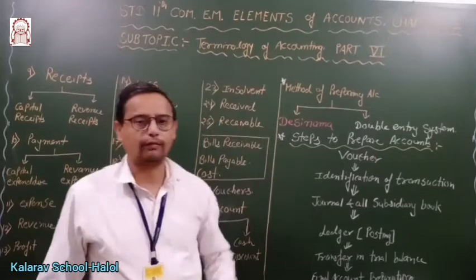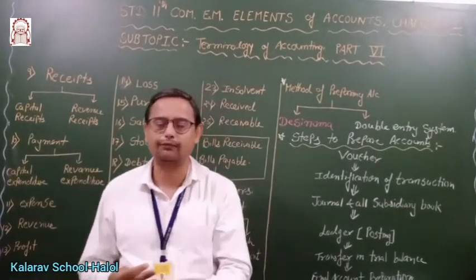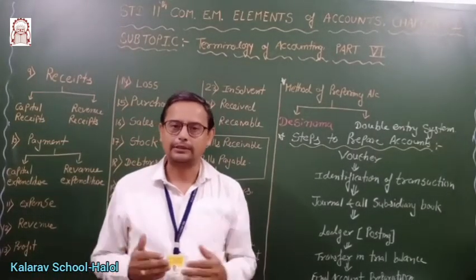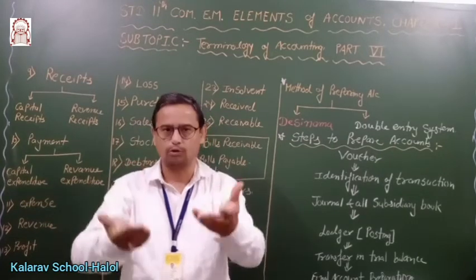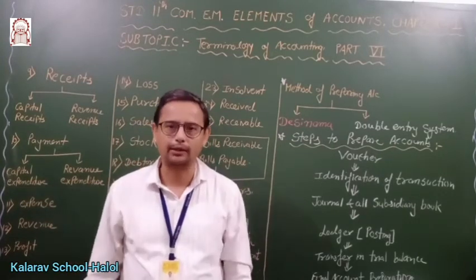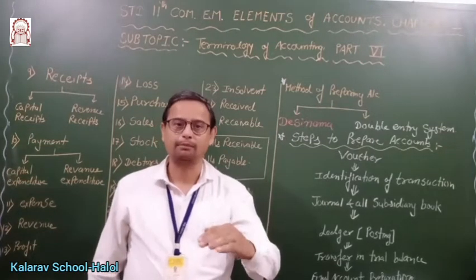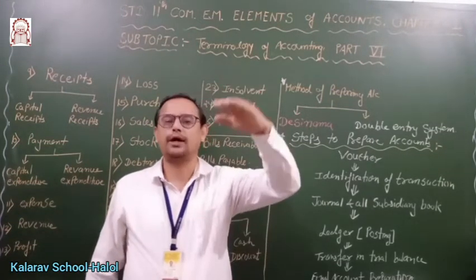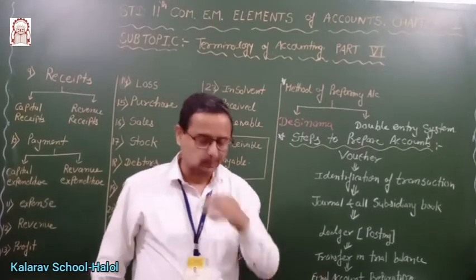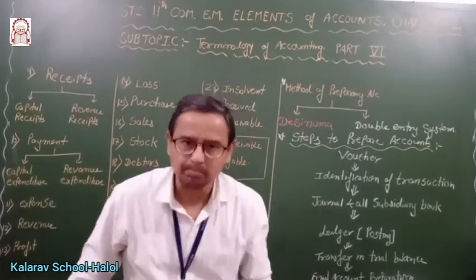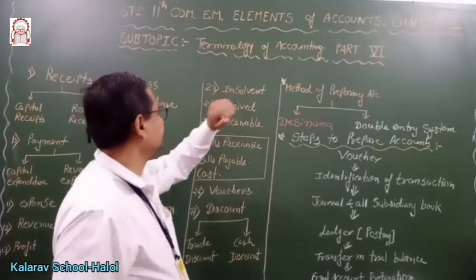Next is insolvent. Insolvent is exactly the opposite of this, when assets become less and liability becomes more. जब assets कम हो जाती हैं और liability बहुत ज़्यादा बढ़ जाती है. गुजराती में कहते हैं देवू वधी जाए. That situation is called the insolvent.